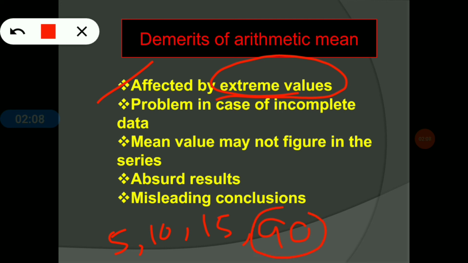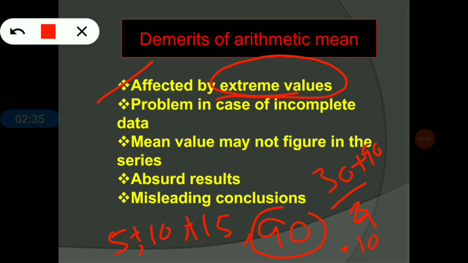Without 90, the arithmetic mean is equal to 5 plus 10 plus 15, which is 30, and 30 by 3 is equal to 10. But when we add the extreme value, that is 90, 30 plus 90 is equal to 120, and 120 is divided by 4, because there are 4 variables.